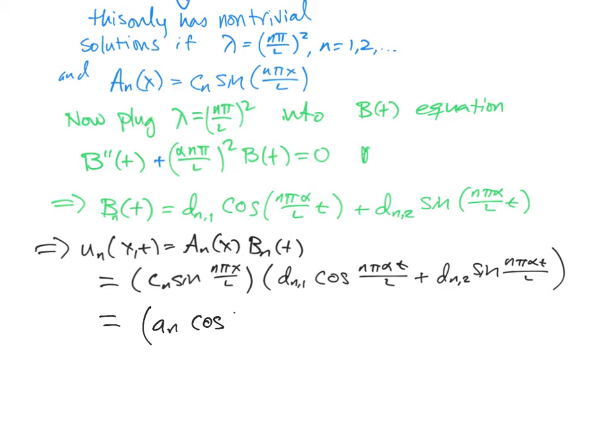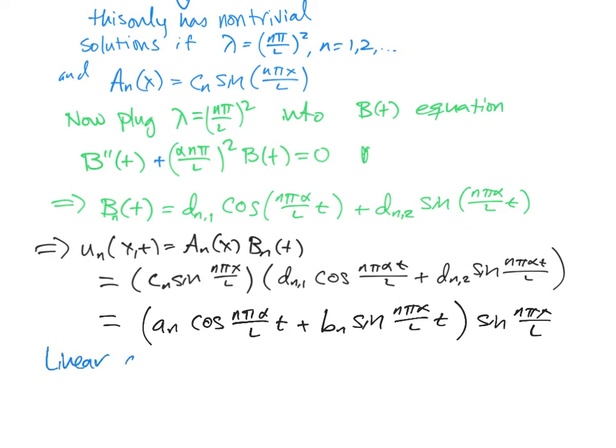And we get an cosine n pi alpha over L t plus bn sine n pi alpha over L t, times sine n pi x over L. And then, of course, linear combinations of the un are also solutions.